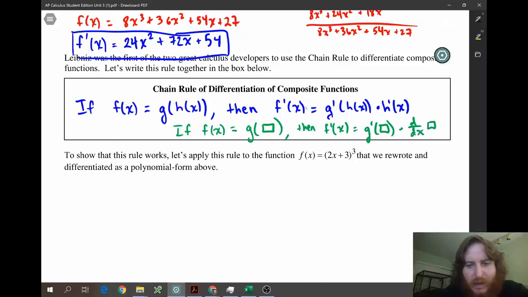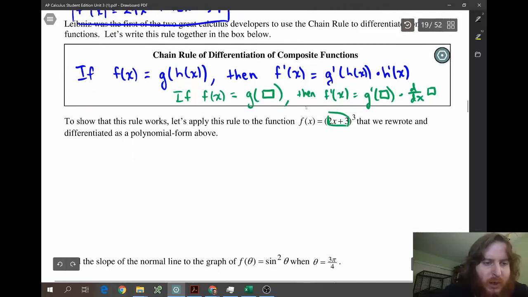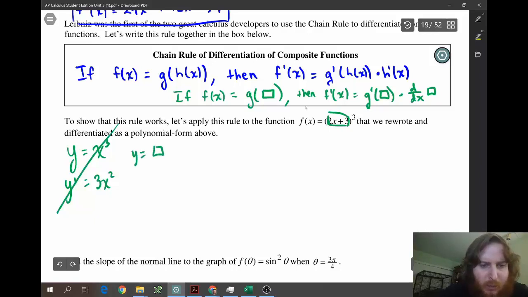So I do this inside out method, which is what a lot of AP teachers will do. But I like to put a box around anything that's not normal, right? So for example, we already know from last chapter, if we had y equals x cubed, y prime is nice and easy, it's 3x squared. But now we don't have x cubed, we have y equals box cubed.